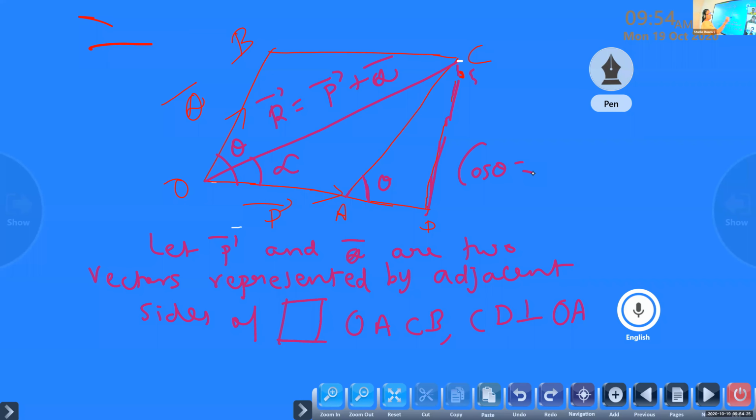In triangle ACD, which is the adjacent side? AD. So the adjacent side is AD. What is the hypotenuse in this right angle triangle? AC. So cos theta is equal to AD by AC.